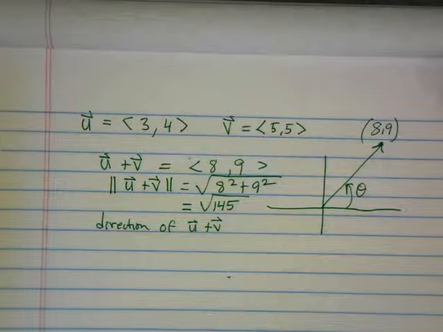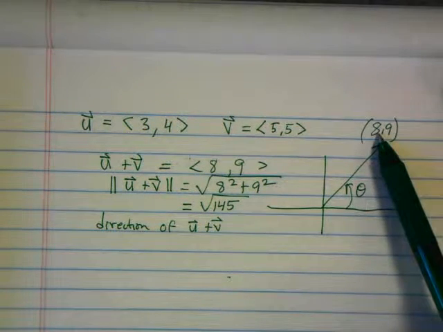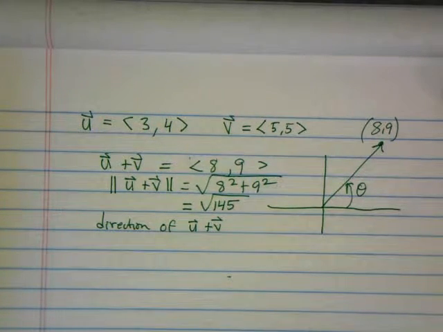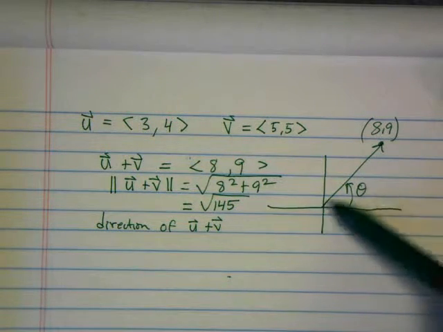You could use cosine, but I wouldn't. I would use tangent. Why would I use tangent? Because tangent is y over x. Yes. So I would use tangent because the x's and the y's are definitely going to be given to you. We could use cosine since we figured out the length of the hypotenuse.